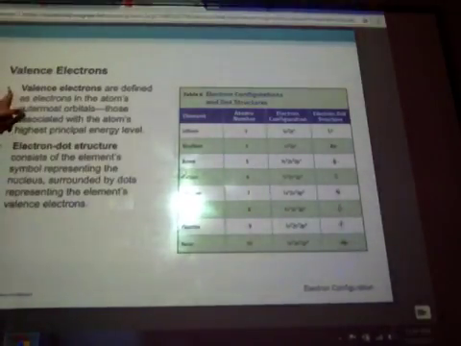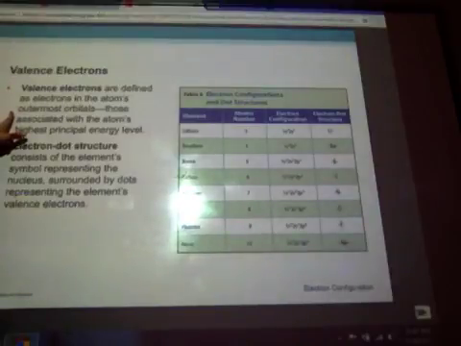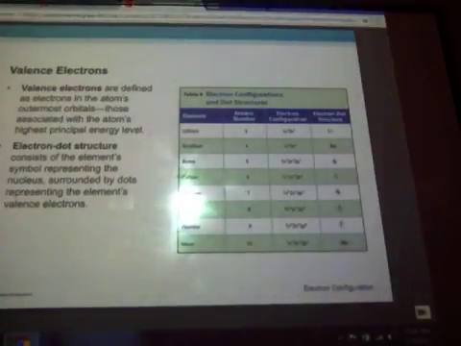Okay, valence electrons are the outermost electrons. So taking the periodic table that I have made a copy of for you, look at calcium, since that's the last one that we've kind of worked with. Calcium, what is the atomic number for calcium? 20.